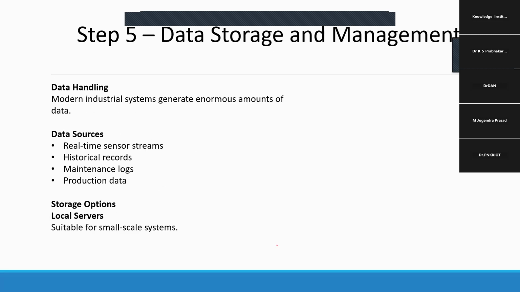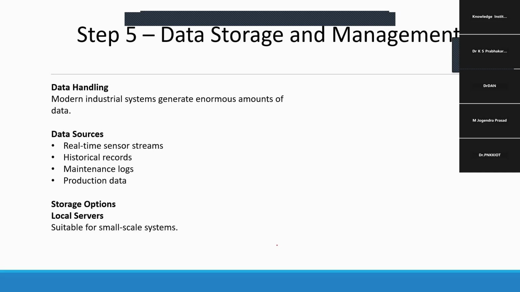Next is data storage and management. Nowadays, modern industries are generating enormous quantities of data. For example, a single machine can produce thousands of sensor readings every second. So this data must be stored, organized, and managed efficiently.